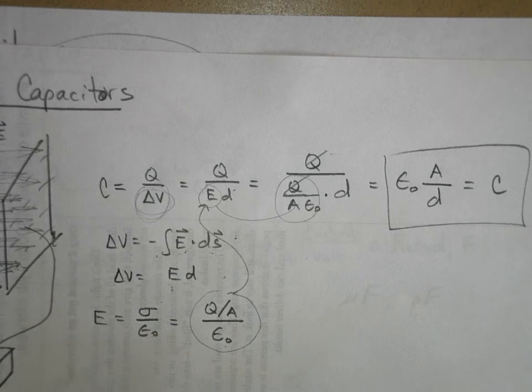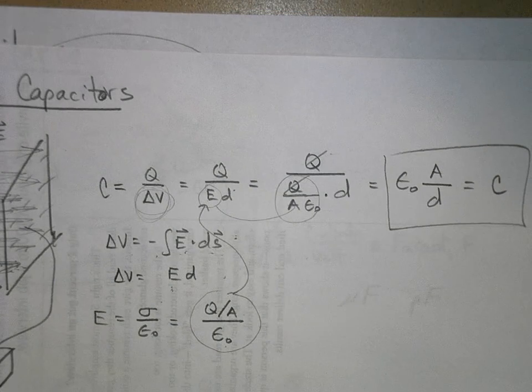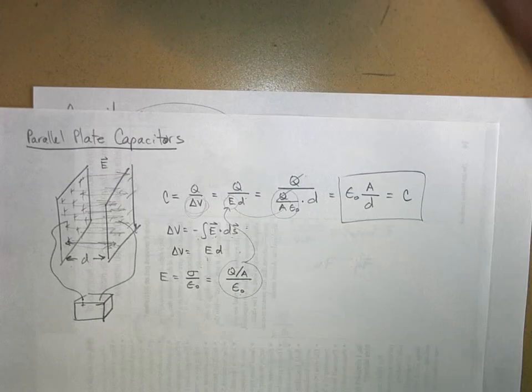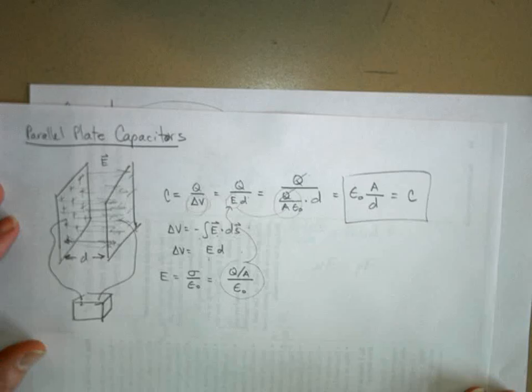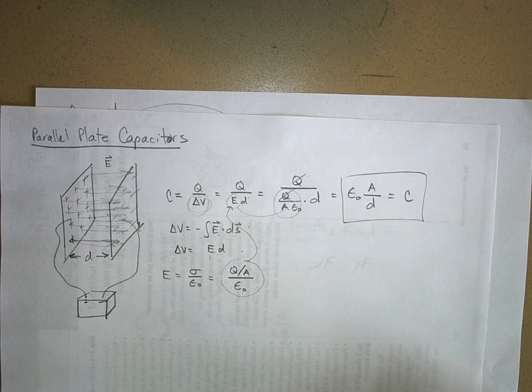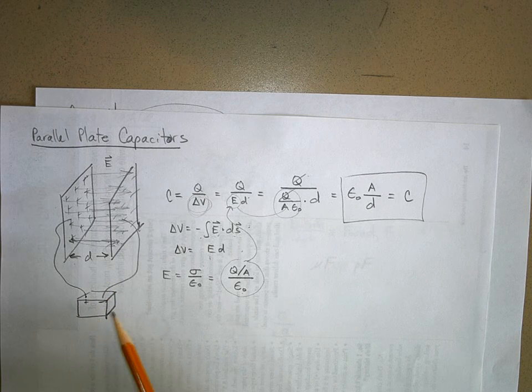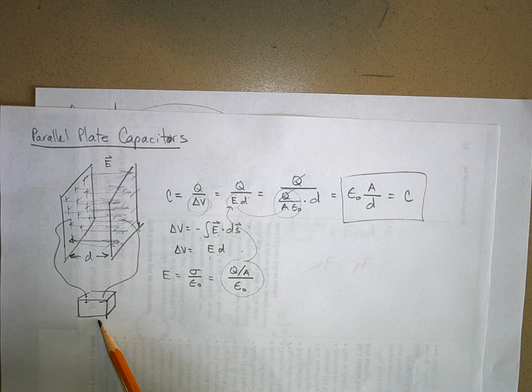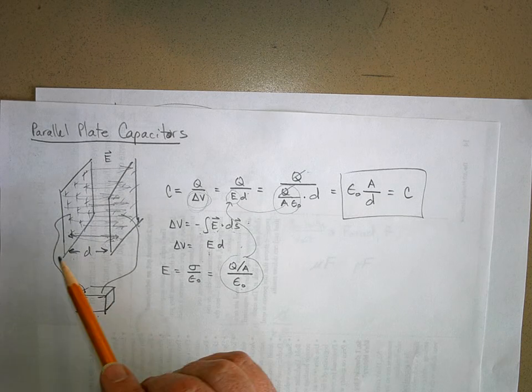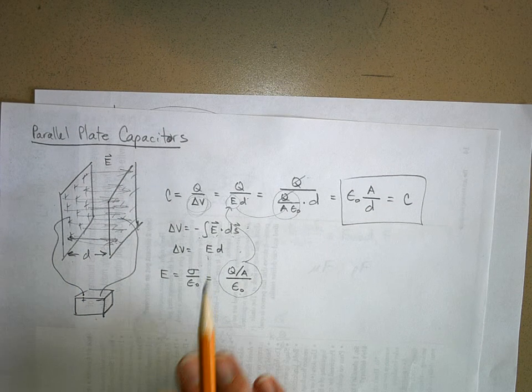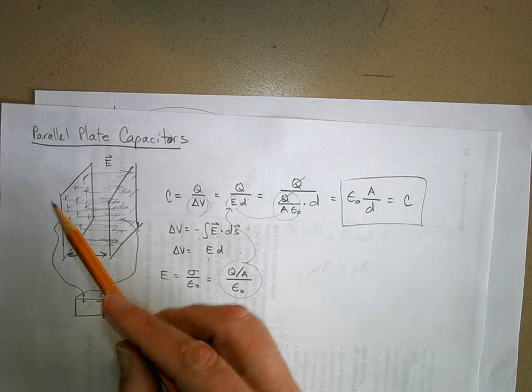Okay, let me zoom out a little bit so you can see the capacitor here. Think about this. I've got a battery with a certain voltage on it. What if I made the plates bigger?